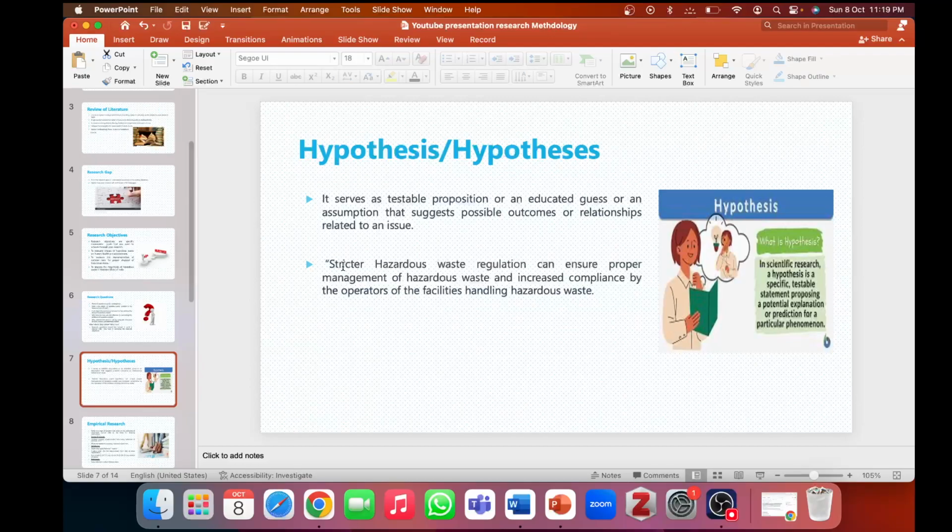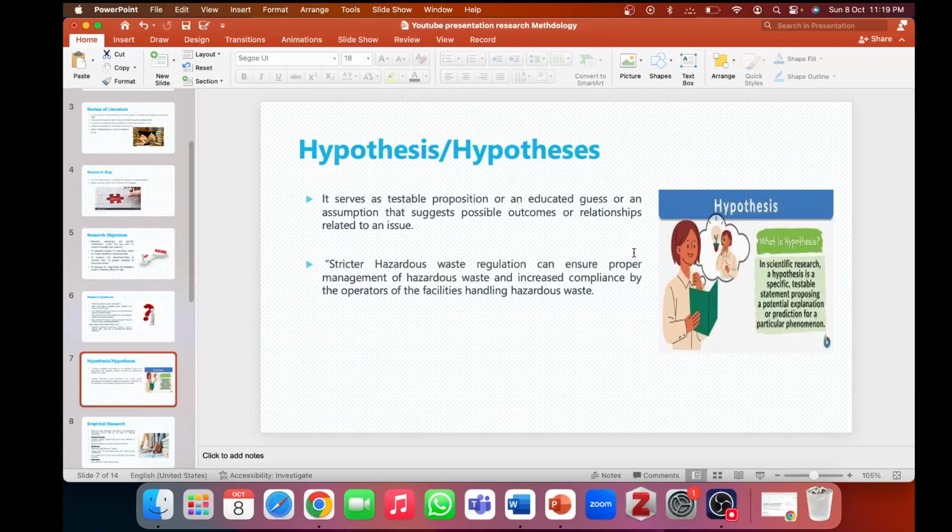For example, if you are writing it on hazardous waste, stricter hazardous waste regulation can ensure proper management of hazardous waste and increased compliance by the operators of the facilities handling hazardous waste.